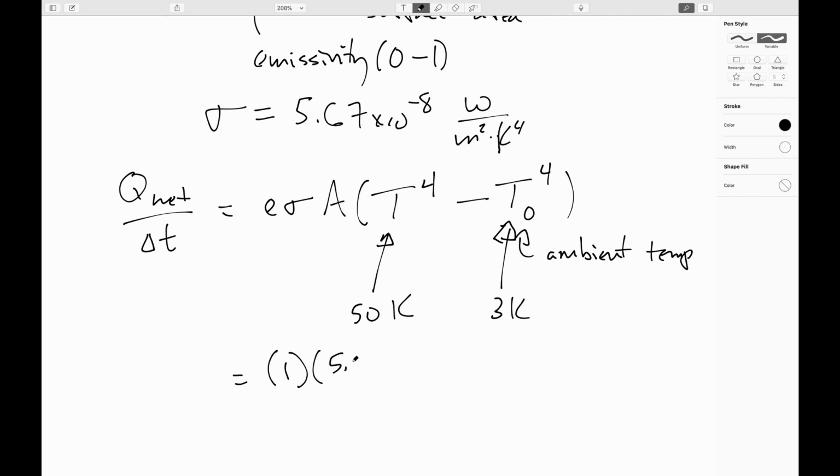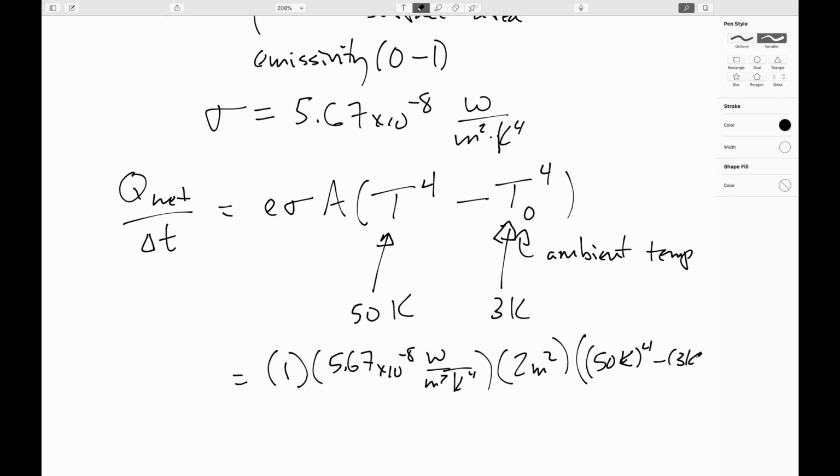Sigma would be 5.67 times 10 to the negative 8 watts per square meter Kelvin to the 4. Let's say this is a relatively small satellite with an area of, say, 2 square meters or something like that. But now here's the big deal: 50 Kelvin to the 4 minus 3 Kelvin to the 4. So this turns out to be 0.709 joules per second, or 0.709 watts, whichever way you want to think about it. So that's it.